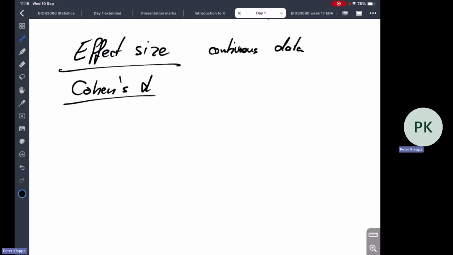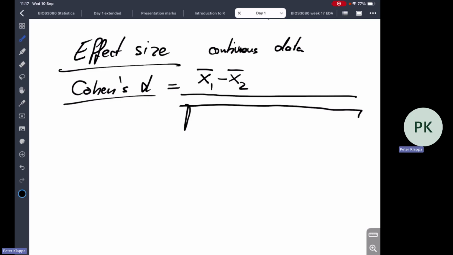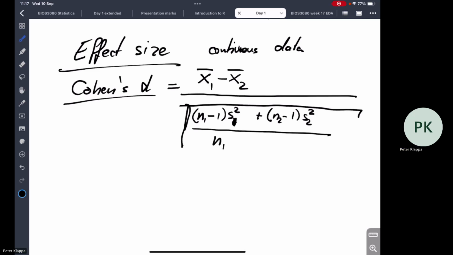How do you calculate Cohen's d? It is fairly straightforward to calculate. You take the difference between the two sample means, and then you divide by a rather unwieldy beast, which is the square root of n1 minus 1 times the variance of sample 1, plus n2 minus 1 times S2, the variance, divided by n1 plus n2 minus 2.